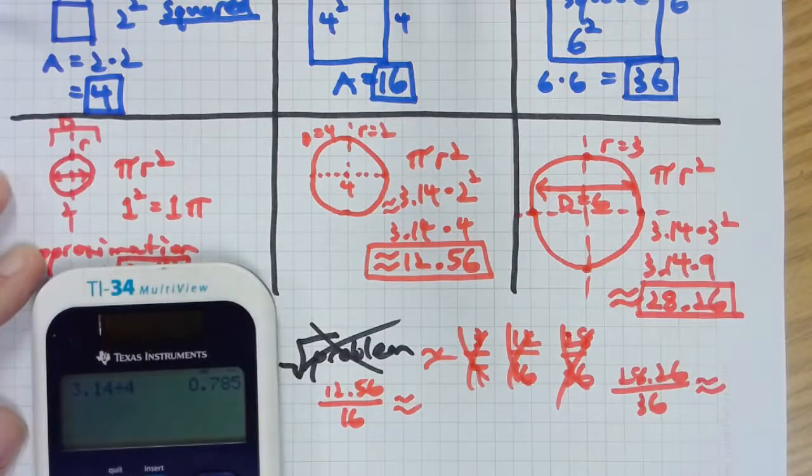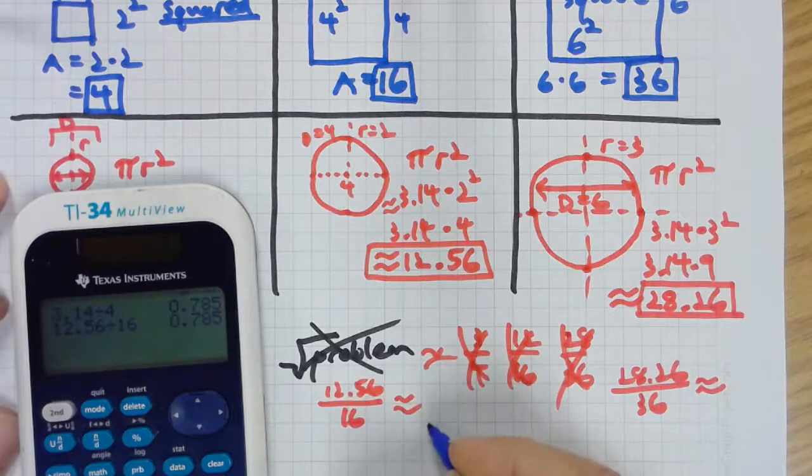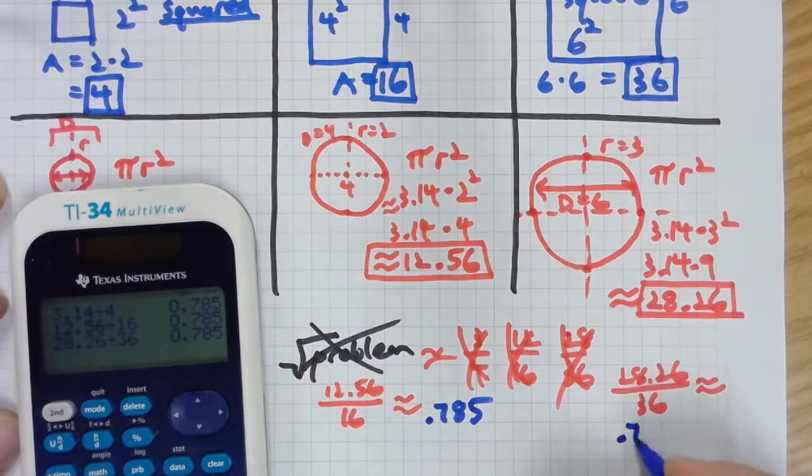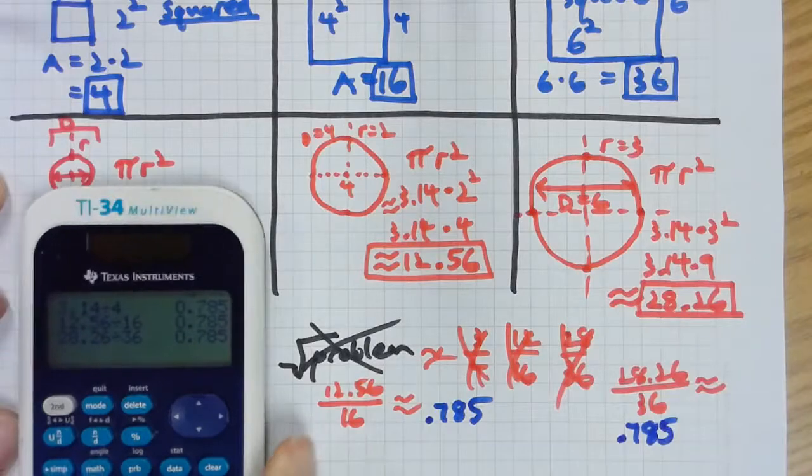Let's do this second one. And I get the same thing, and I'm starting to get kind of excited here. I don't know about you, but I'm totally excited about this. I sure hope this is the same answer. The same value. Yes!